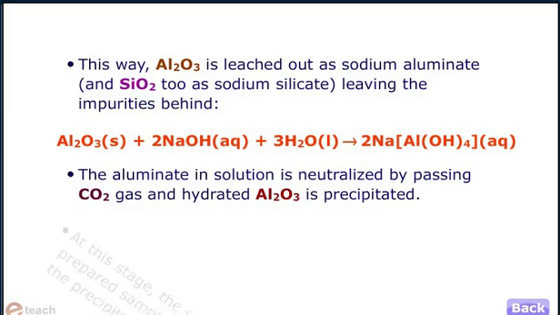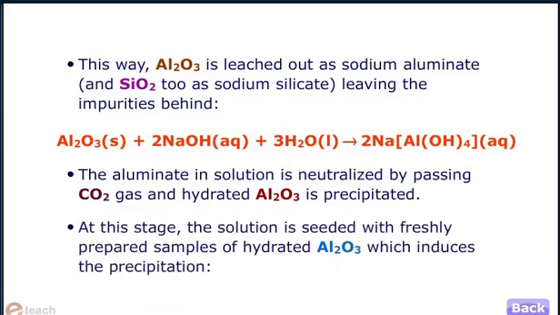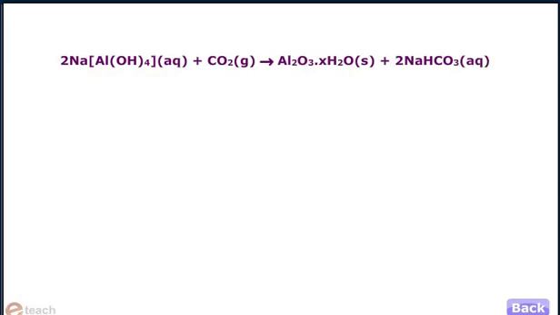The aluminate in solution is neutralized by passing CO2 gas, and hydrated Al2O3 is precipitated. At this stage, the solution is seeded with freshly prepared samples of hydrated Al2O3, which induces the precipitation. 2Na[Al(OH)4] (aq) + CO2 (g) gives Al2O3·xH2O (solid) + 2NaHCO3 (aq).